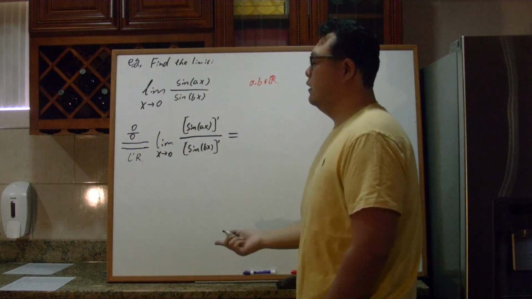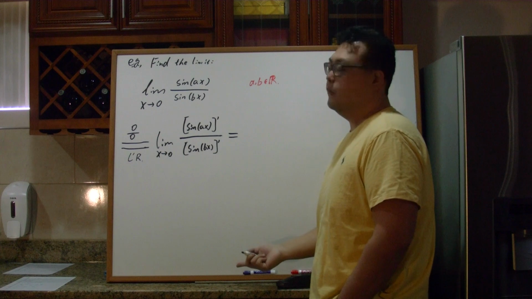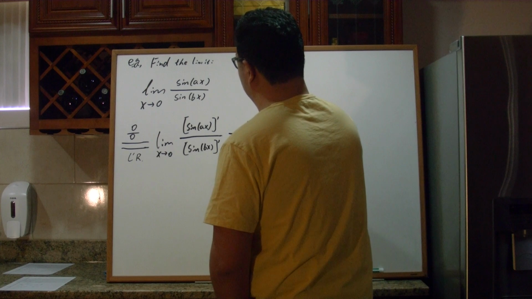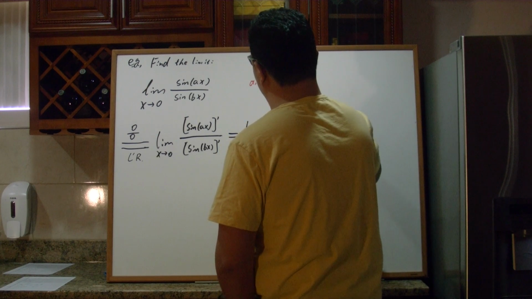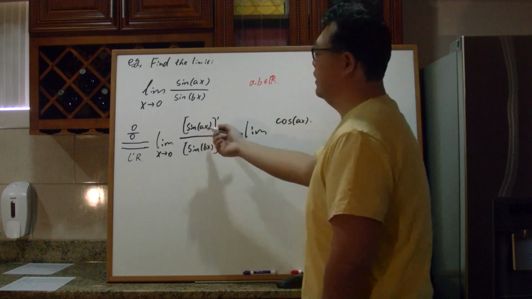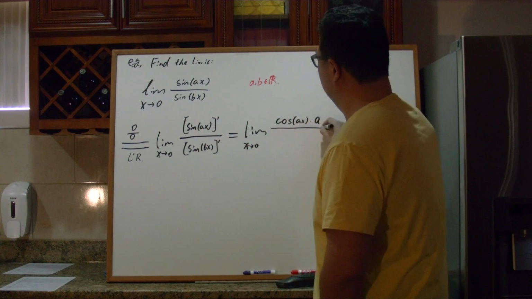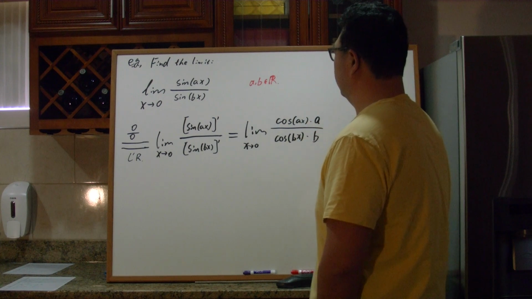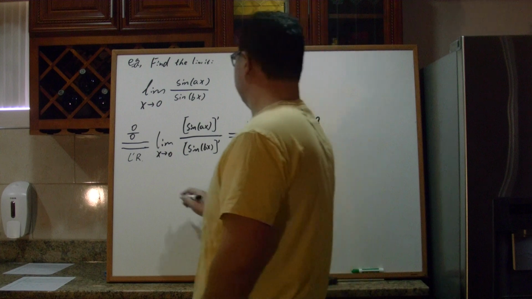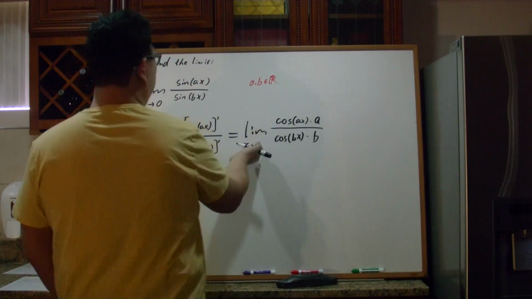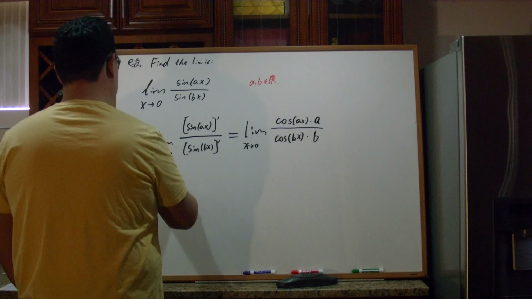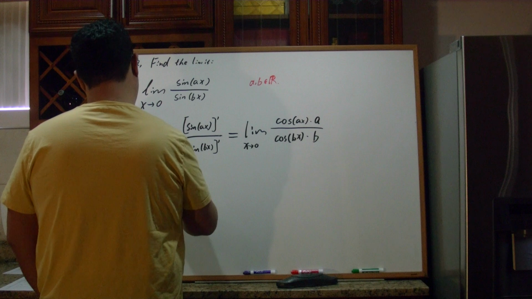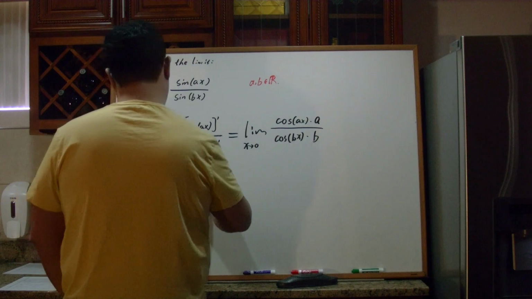If you are familiar with what you need to do, you could omit a step. Then that will be the limit as x approaches 0 of cosine ax multiplied by the derivative of the inside, a, over cosine bx times the derivative of the inside, b. Then we evaluate at 0 again, and we get cosine of 0 times a over cosine of 0 times b.